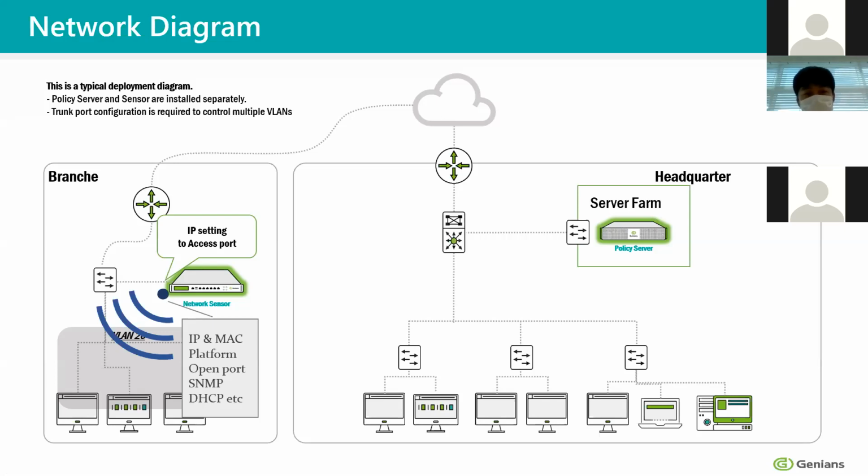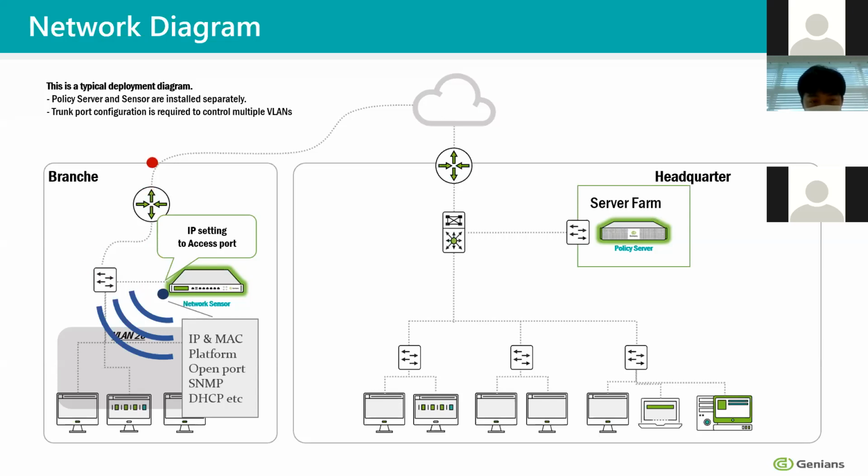We identify it as Android, but we don't know the exact model, something like that. So sometimes customers are confused: does Genian classify all network devices 100%? It's not. So please understand that, okay?